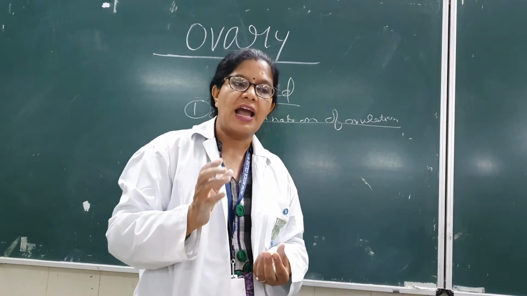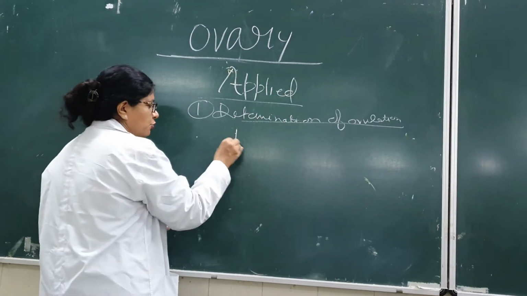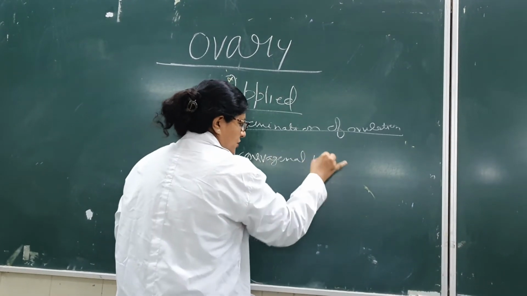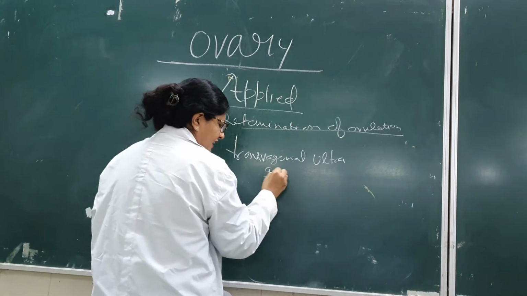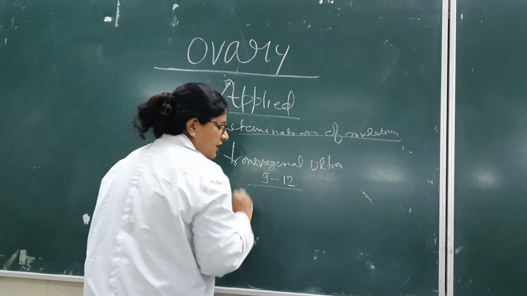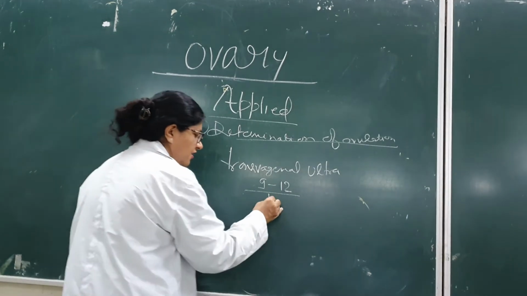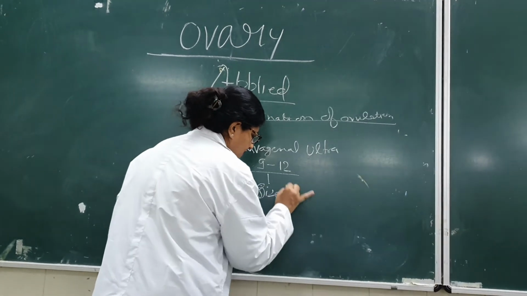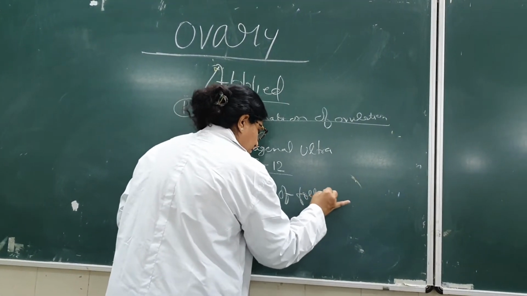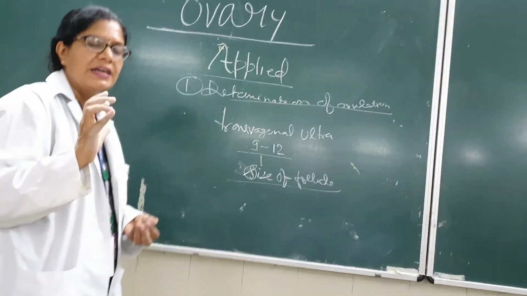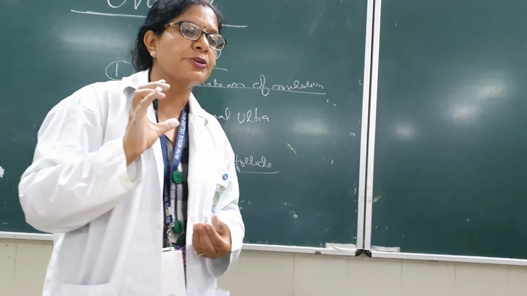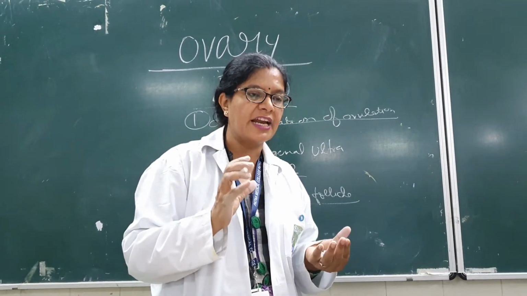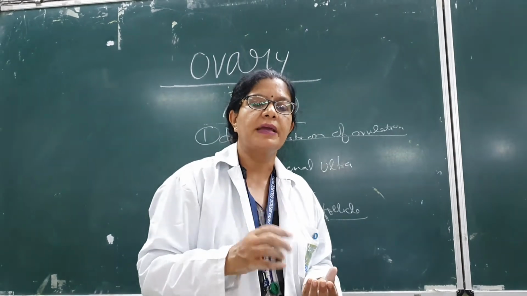And now we will do transvaginal ultrasound within day 9 to 12 of the menstrual period of the female, and then we can determine the size of the follicle. And if it has reached that prominent follicle size, then we will give some injection and make it rupture.